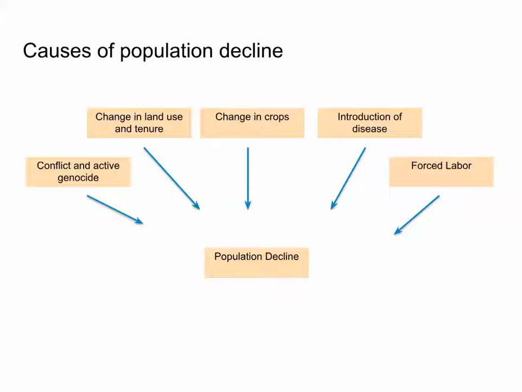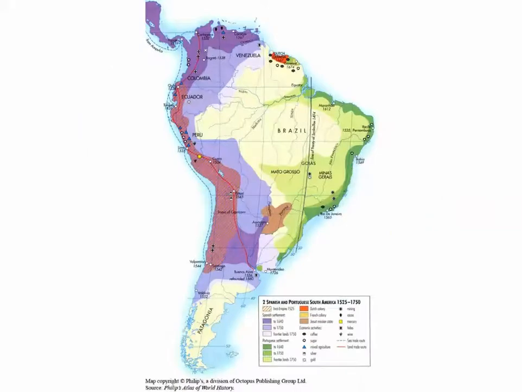Introduction of different crops, lack of stability of food, decimated the populations as well. Obviously, the introduction of disease was a major factor, and then enslavement. So in all of these factors, it's not surprising that we see a dramatic decline in population. Many have argued this is the largest genocide that has happened in human history, and it's one that we don't talk about perhaps enough.